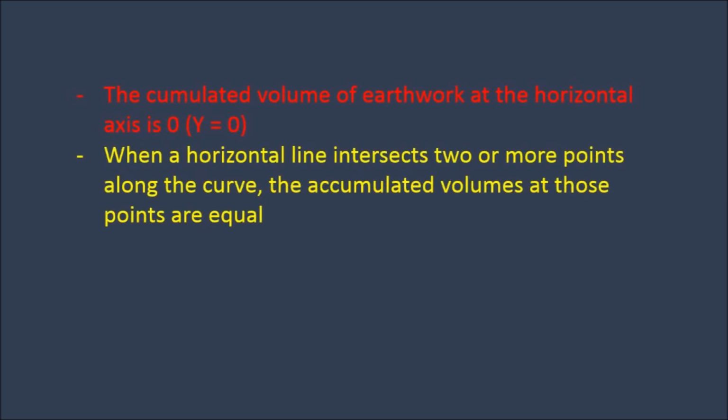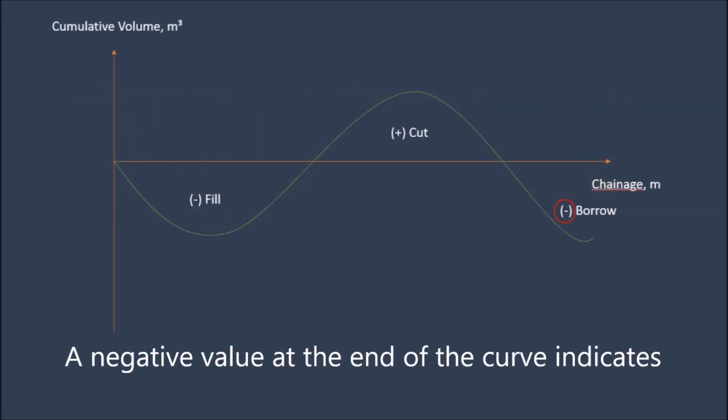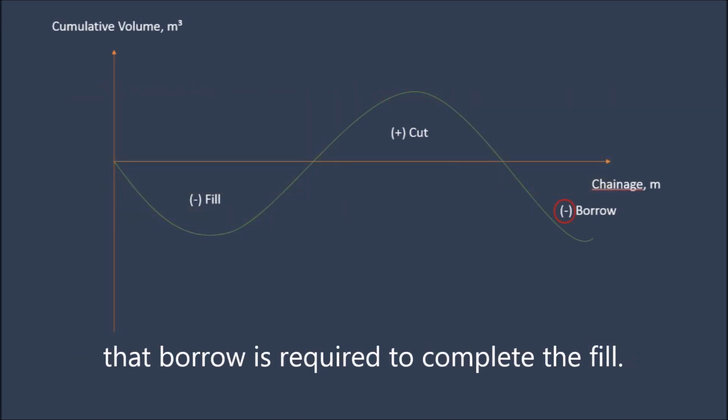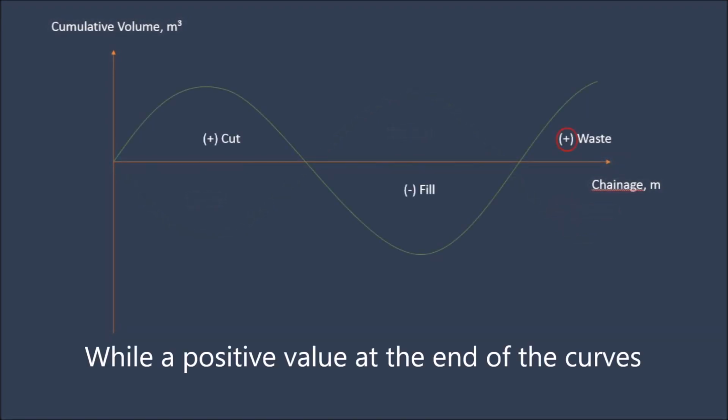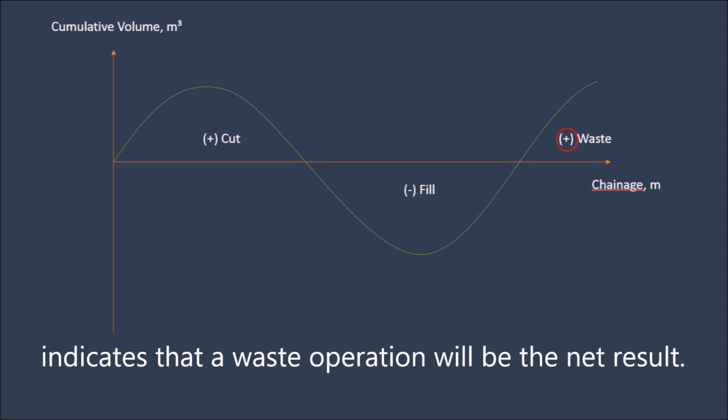When a horizontal line intersects two or more points along the curve, the accumulated volumes at those points are equal. A negative value at the end of the curve indicates that borrow is required to complete the fill, while a positive value at the end of the curve indicates that waste will be the net result.